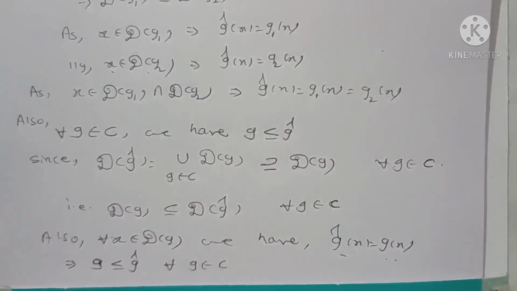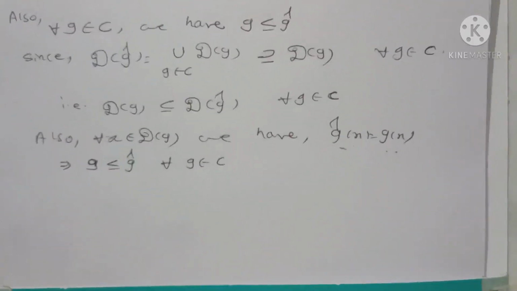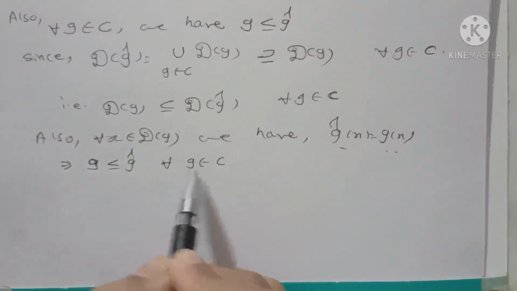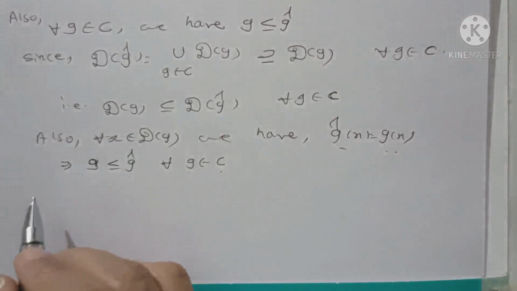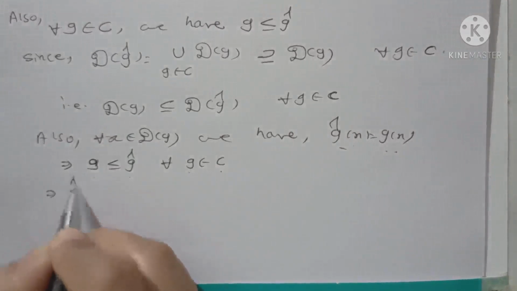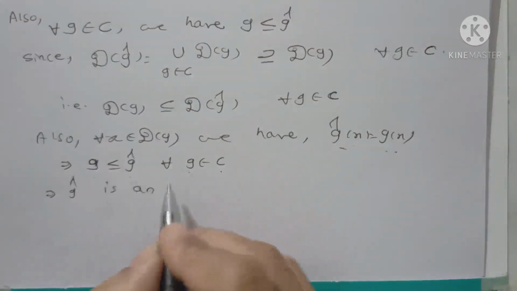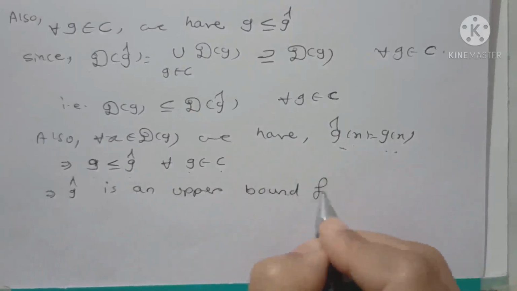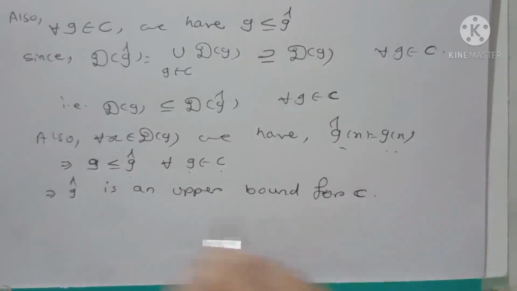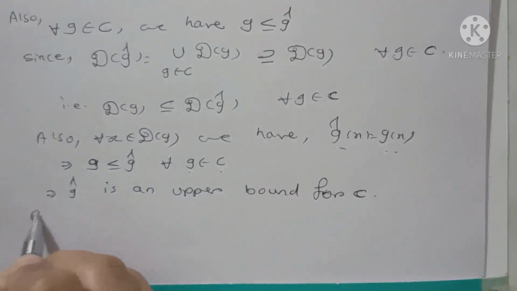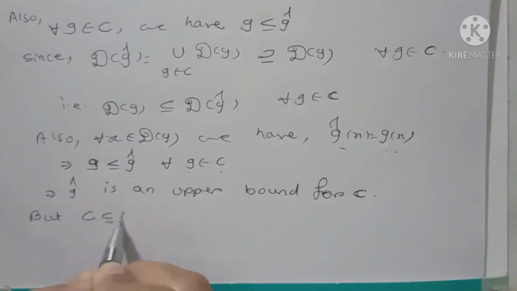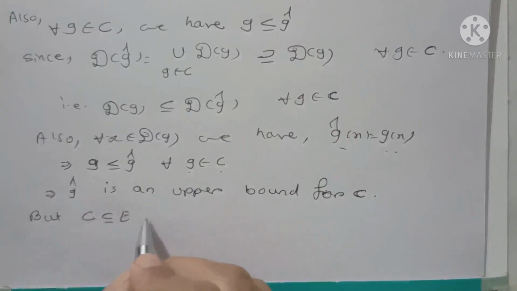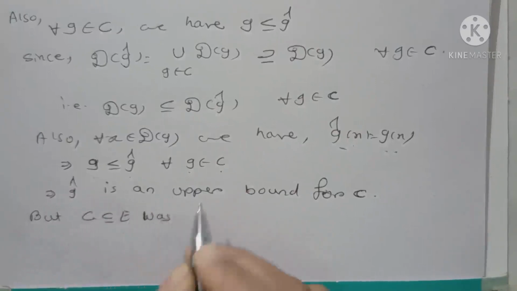And this implies that g cap is always greater than or equals to g for all g belongs to C. This implies that g cap is an upper bound for C. And as it is the upper bound of C, but C, being any arbitrary chain in capital E, C subset of E, was arbitrary.